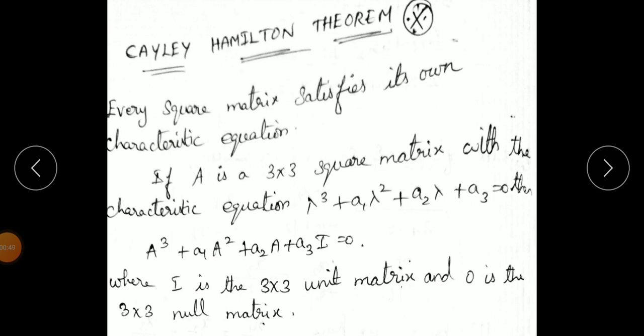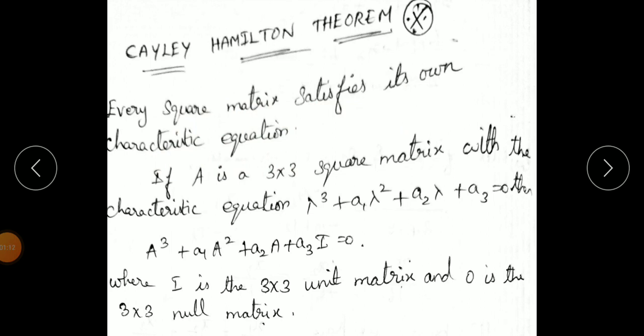That is, if you are taking any square matrix, whether it is a 2 cross 2 matrix or 3 cross 3 matrix, it has to satisfy its own characteristic equation. We know the determinant of A minus lambda I equal to 0 is the characteristic equation which we had seen in the eigenvalues and eigenvectors, right?